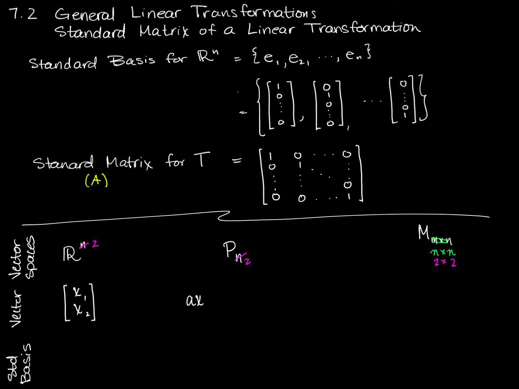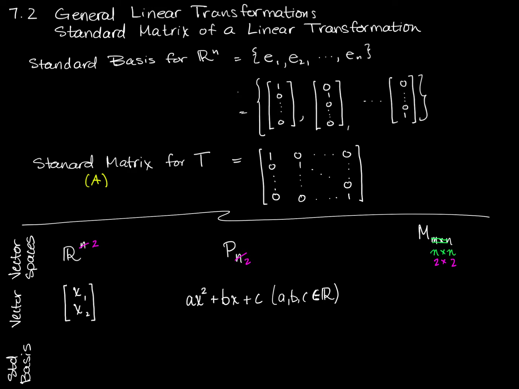And a polynomial in P sub 2 is a polynomial of degree 2 or less. I'm going to write that as ax squared plus bx plus c, where a, b, and c come from the real numbers. I don't really need to write that because, as we've said a number of times now, if I haven't specified, then we assume the field we're working with is the real numbers. But it's always nice to be absolutely clear about it.